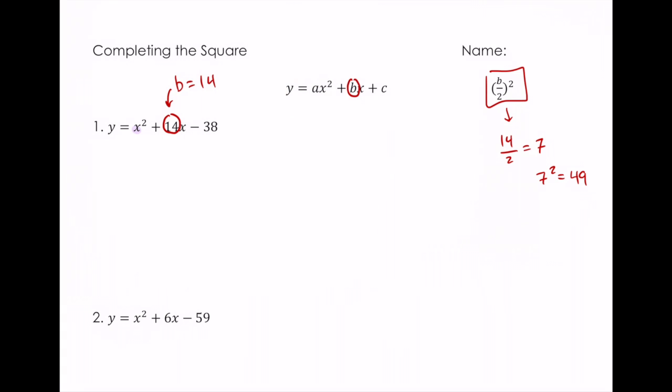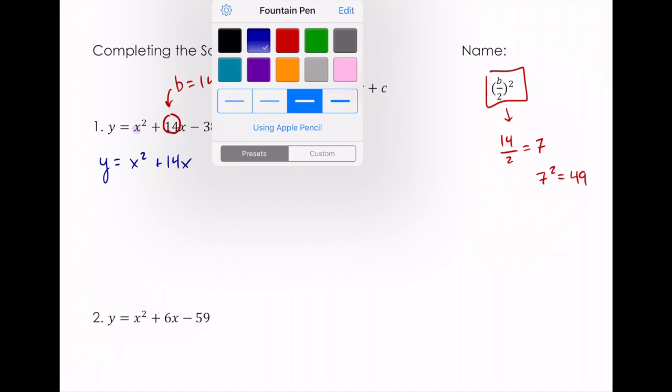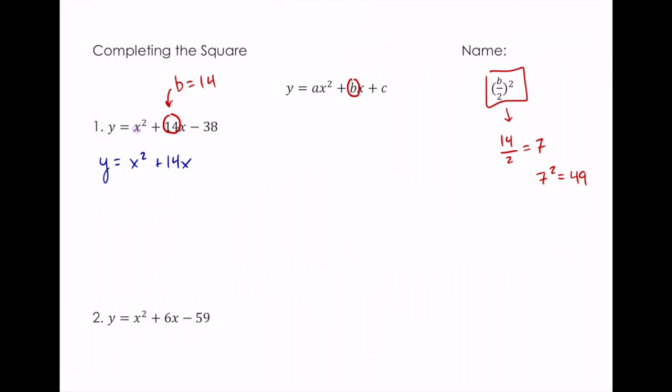So I'm going to write my answer again for my equation. Y is equal to x squared plus 14x. But I'm going to stop right here. And now I'm going to add in that 49 from earlier. So we're going to add 49. Then we're going to write that minus 38 next.